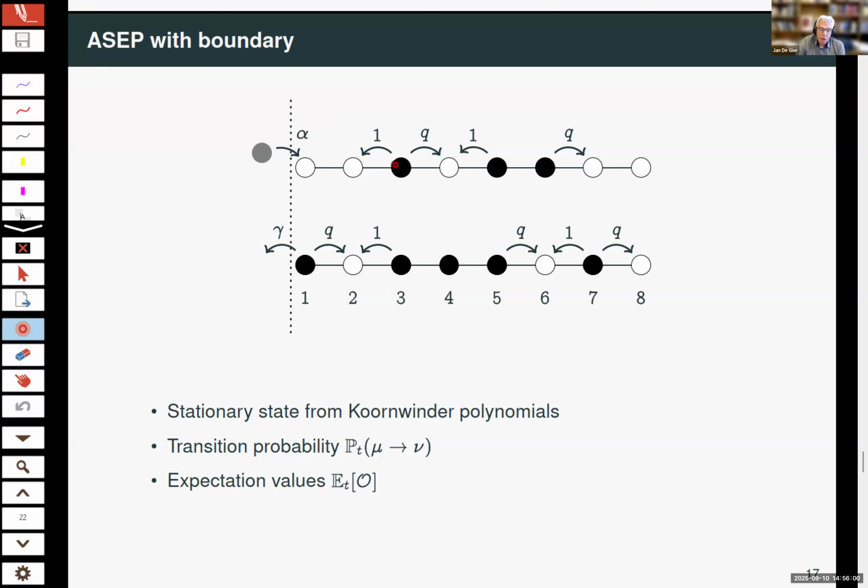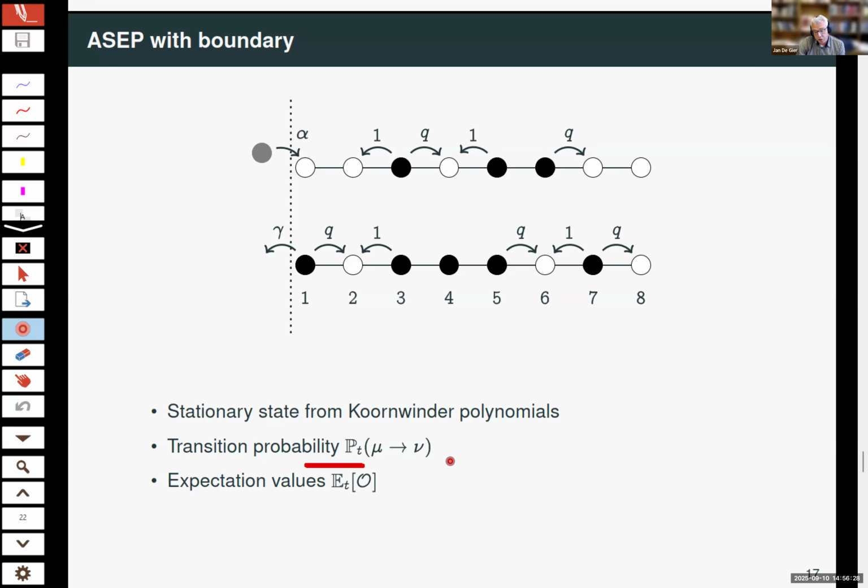The black particles hop to the left with rate 1, to the right with rate q. But at the boundary, particles can enter, or they can leave the system. So there's a lack of particle conservation. In this case, similar reasoning as before shows that the stationary state is related to quantum interpolation polynomials.